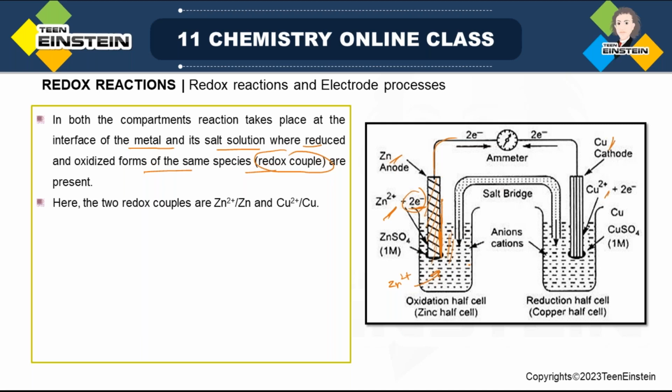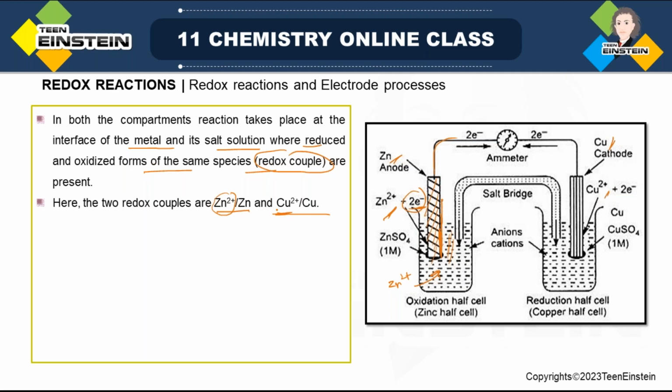Now one couple is Zn2+/Zn, and remember how couples are represented. They are represented like this. Zn2+, that is the oxidized form, is always written first. This is followed for any species, not just for Zn. Remember, always the oxidized species is written first, then an oblique sign, then the reduced species. The same is also true for the Cu2+/Cu system.